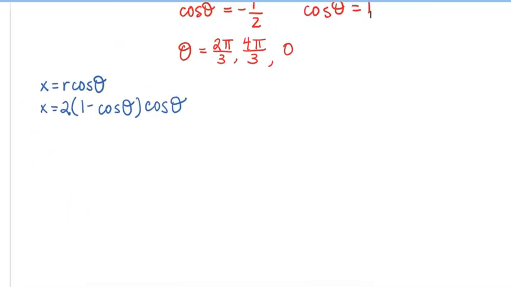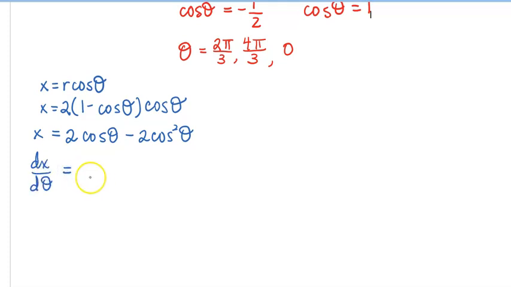I'll go ahead and simplify this expression. So now that we have a simplified expression for x, we can now differentiate this with respect to theta to get dx d theta.